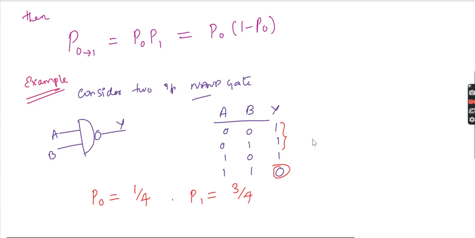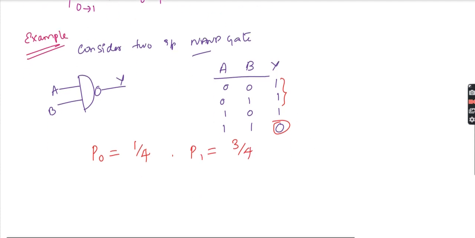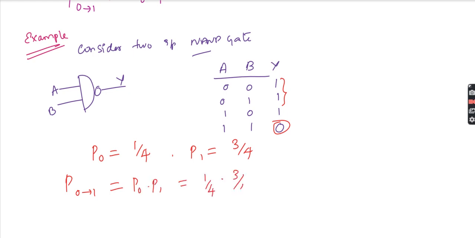Then the probability of the transition from 0 to 1 is P0 into P1, so that will be 1 by 4 into 3 by 4. So this is the transition.